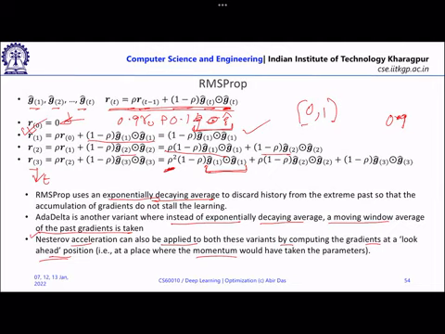But since your R0 is 0 and rho is high, you are actually not moving as fast as you expected because this term is dominating. This is making it 0, and you are moving only 0.1 part of what your gradient signal tells you to move. So that is what is meant by saying it is biased towards the initial value.